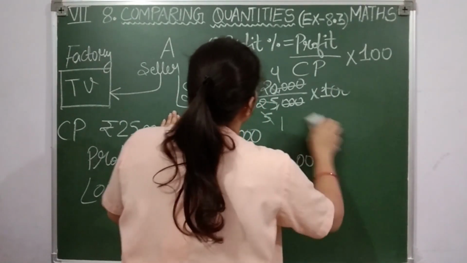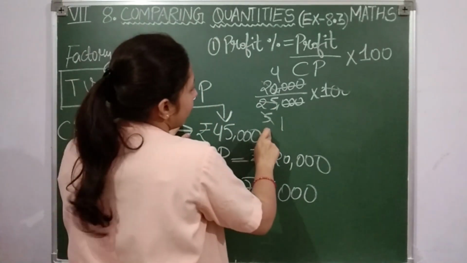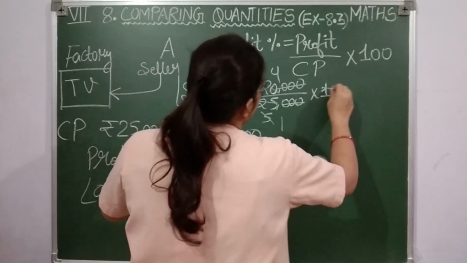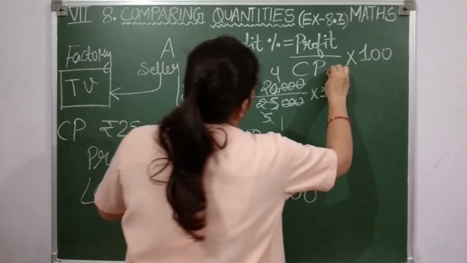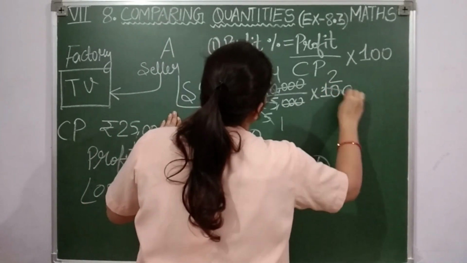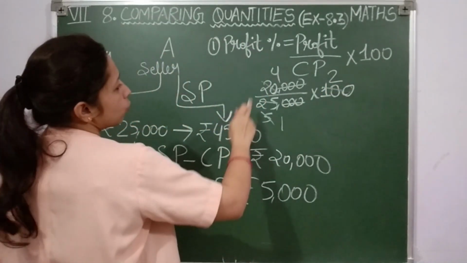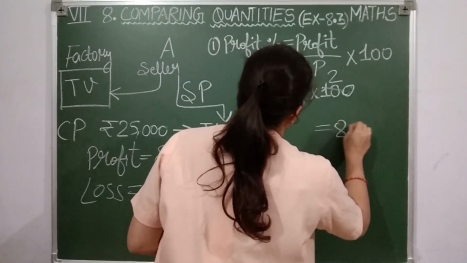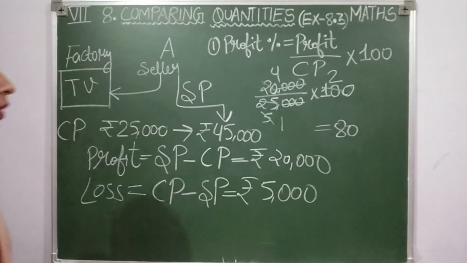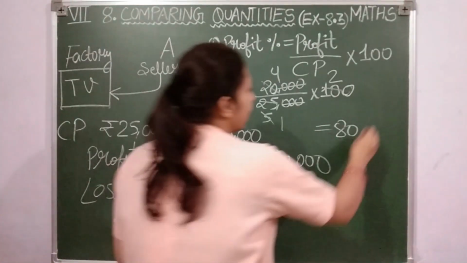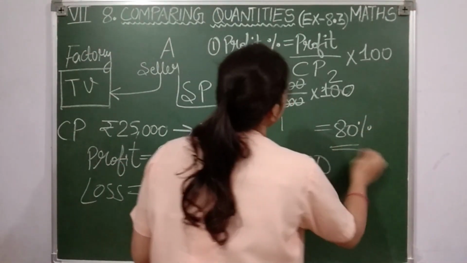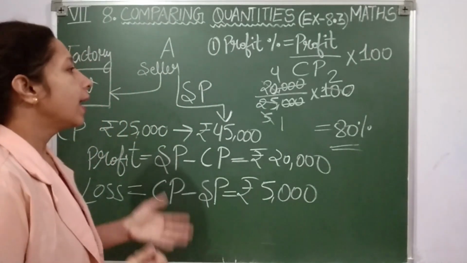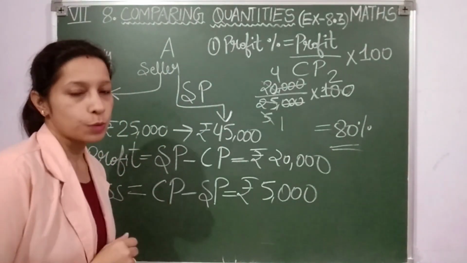So 5 5s are 25, 0. 5 5s are 25, okay, 5 2s are 10. So only 1 0 left now. So now students 4 2s are 8 and a 0. That means the profit percentage on this deal is how much? 80% is the profit. Got it students? In the same manner we can calculate loss percentage also.